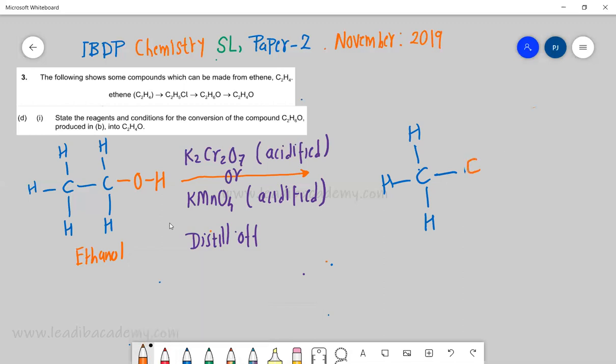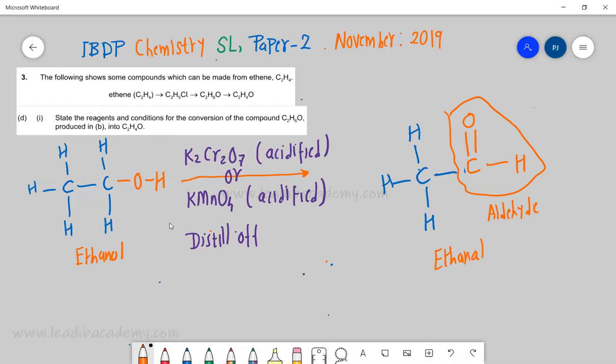So that is C double bond OH. Okay, this is the aldehyde group, the functional group, and this is basically ethanol. So this is the oxidation.